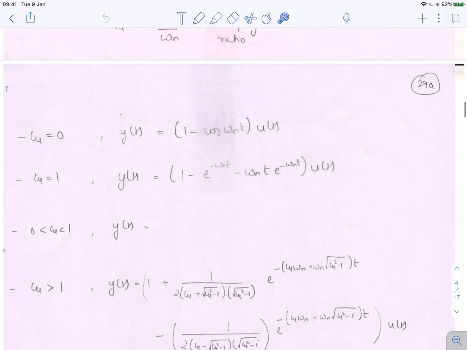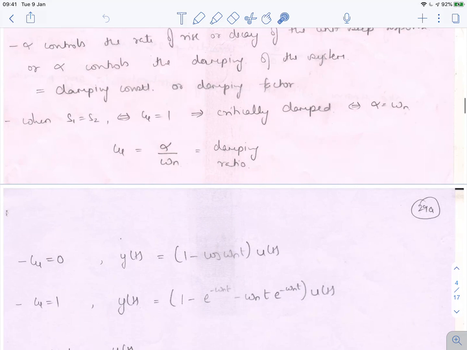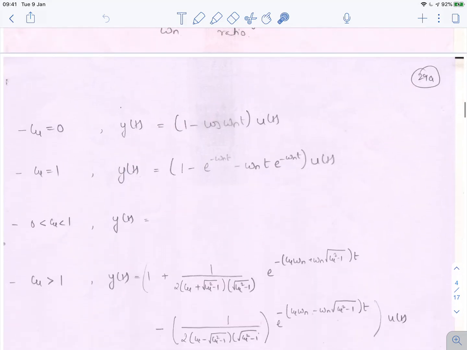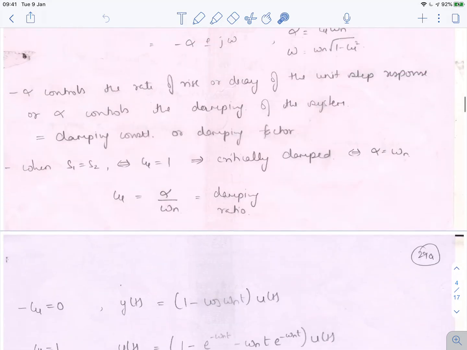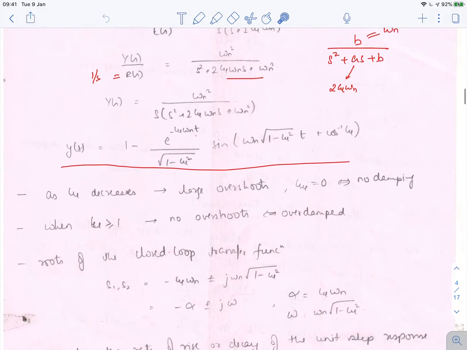Okay. Now let's see the response of the second order system for different values of xi. So when xi becomes equal to 0, let's write this response once again.